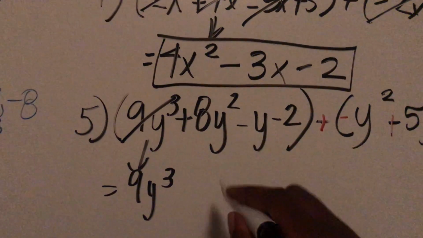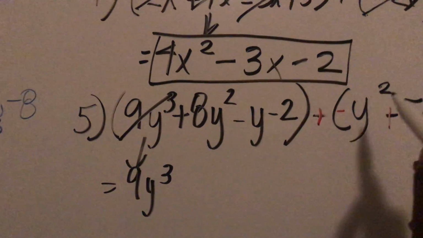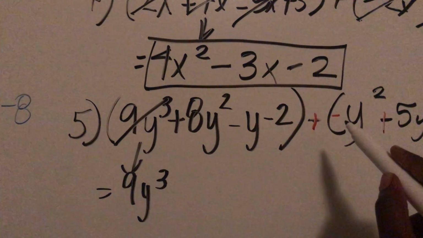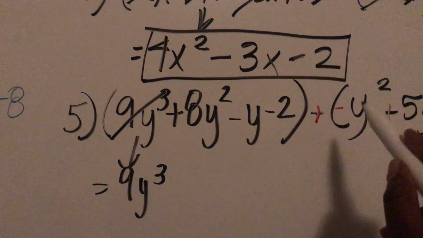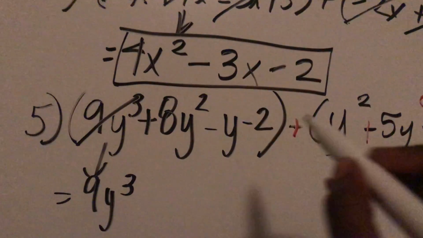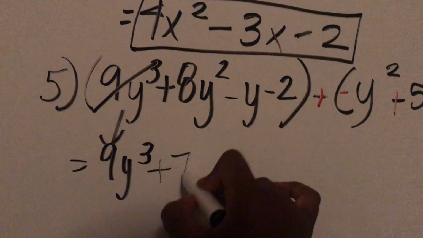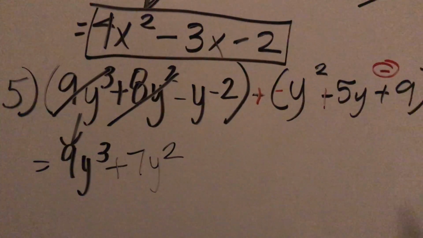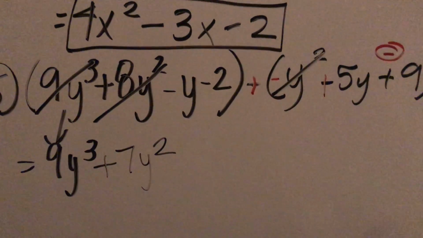So you're through with your cubes. You have a square. 8 plus negative 1 is 8 plus negative 1 is 7. I'm sorry, I had a brain fart. But 8 plus negative 1 is a positive 7y squared. So you cross those out.